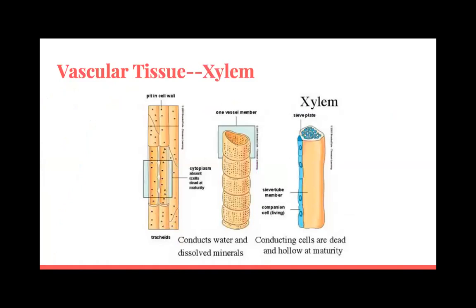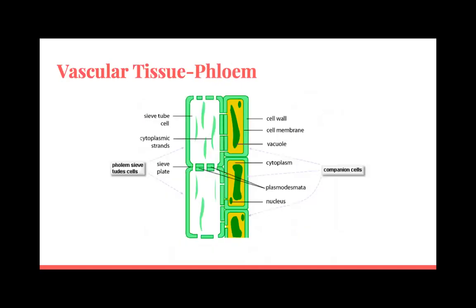So you've got xylem that transports water and dissolved minerals, and then phloem. Phloem transports sugar from the leaves to the roots, but some water can also be transported there if it needs to go into different places in the plant. Okay?